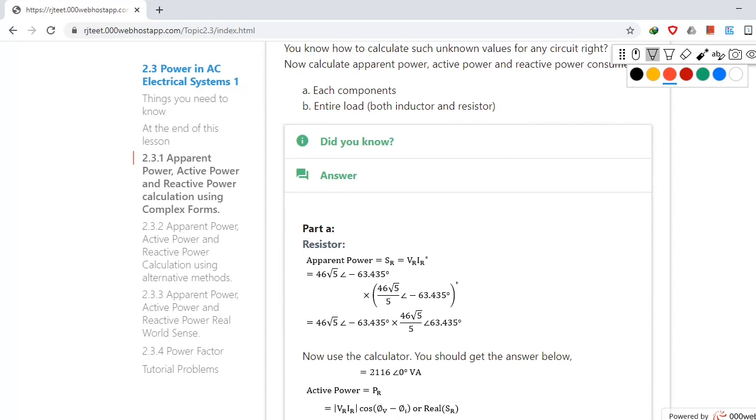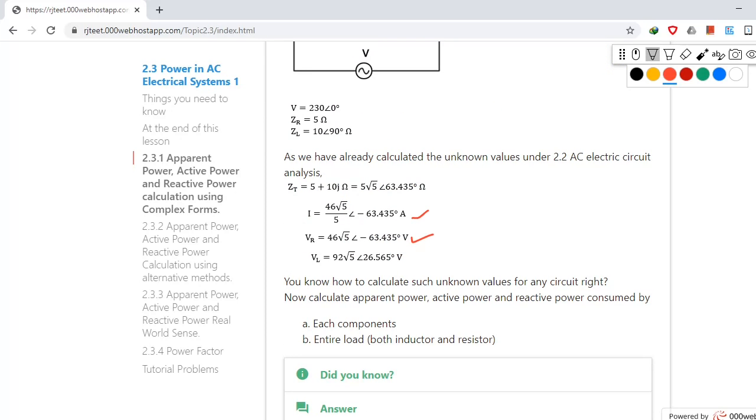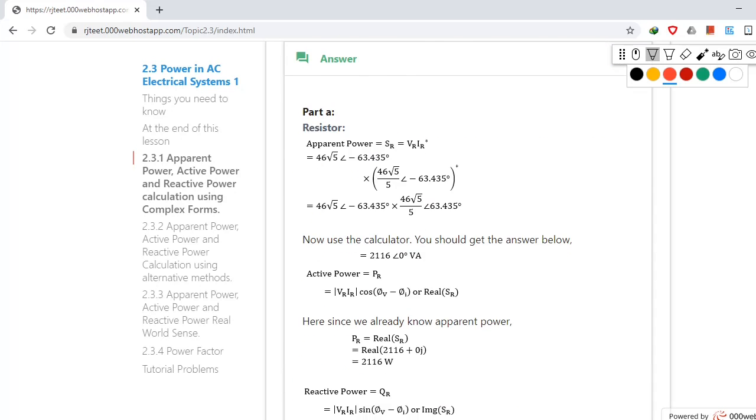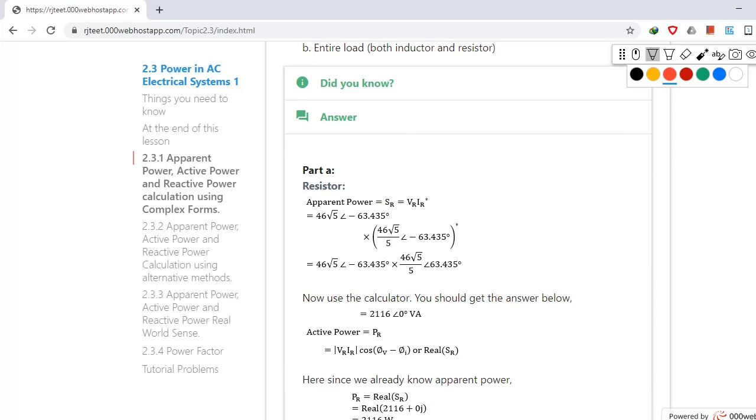Right, so I'm going to substitute these values here, 46 times root 5 for the voltage, and the same magnitude divided by 5 for the current, and I'm going to substitute them with the angles. Right, so this is the voltage value, this is the current value, and you must notice that I'm taking the conjugate of the current. So the first thing I have to do is find the conjugate of the current.